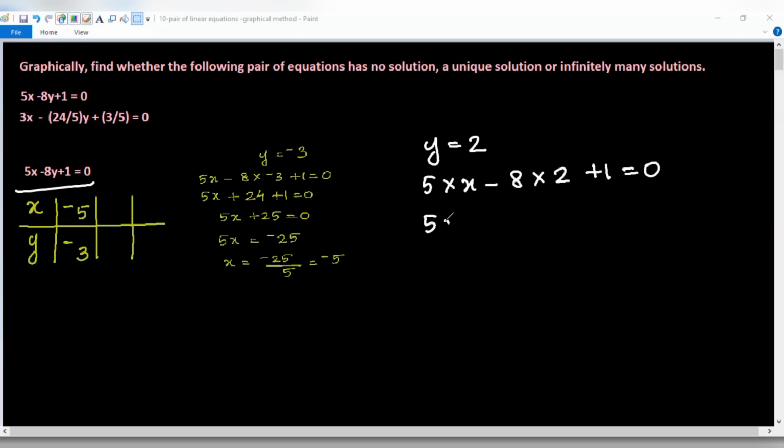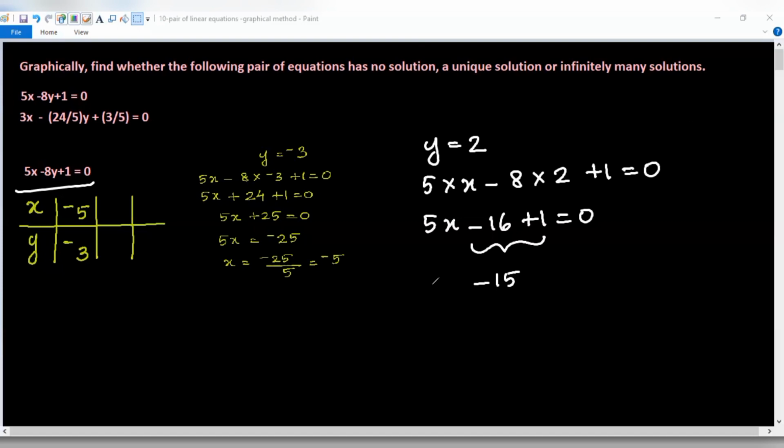Now, 5x, okay, minus 8 into 2 is minus 16, then we have a plus 1 equal to 0. Minus 16 plus 1 is minus 15, right? Minus 16 plus 1, we are adding a negative number with a positive number. Negative is the bigger one. So we have to subtract smaller from bigger and put the sign of the bigger one.